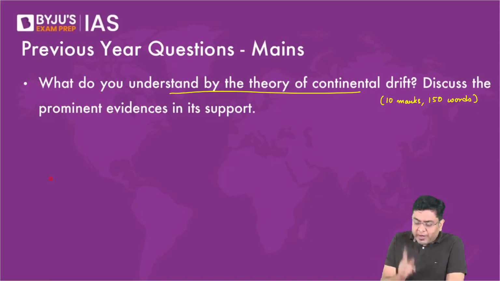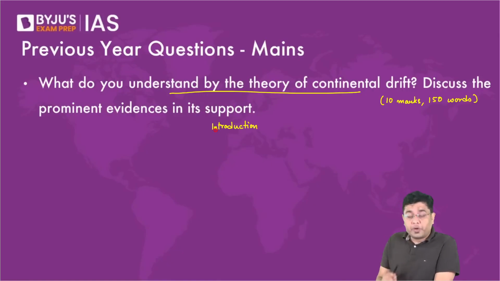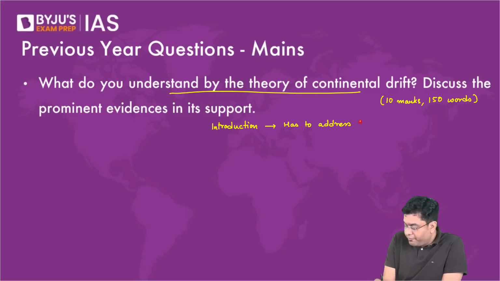So whenever you are writing the introduction for any answer, it always has to begin from the flow of the question and has to address the first part of the question.